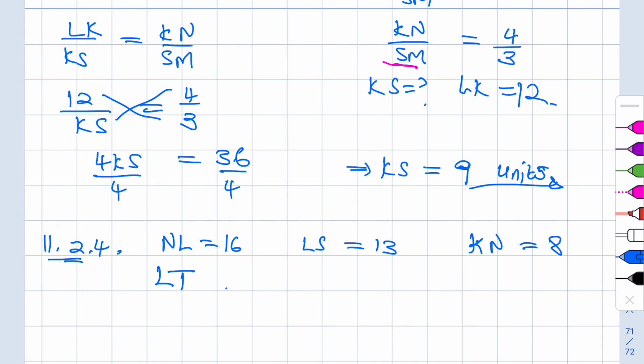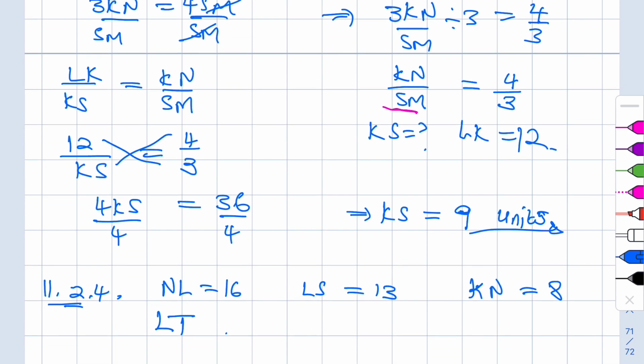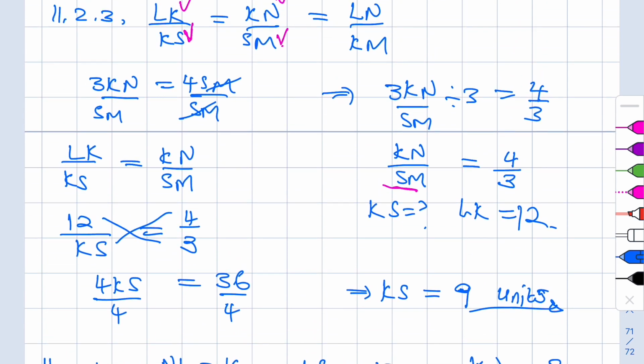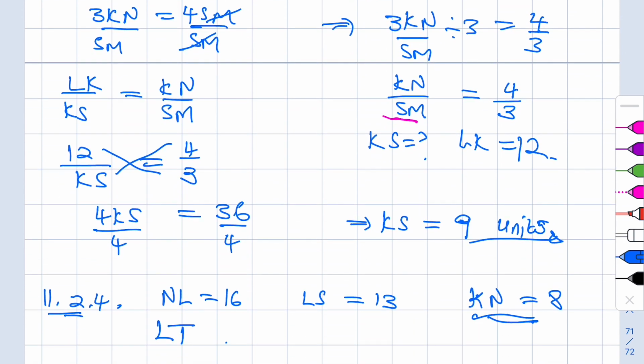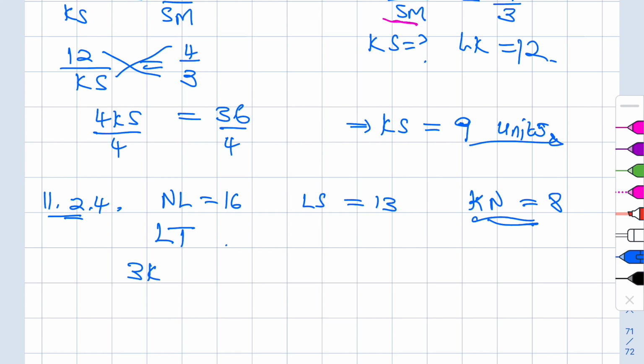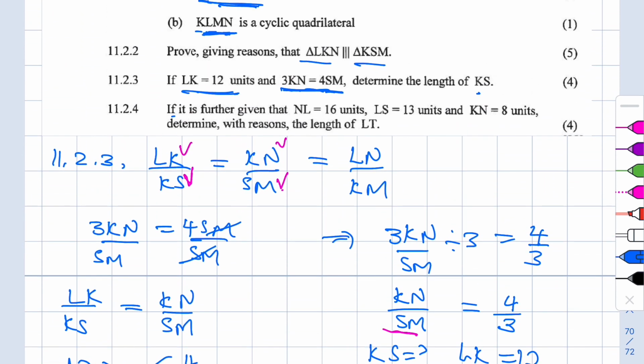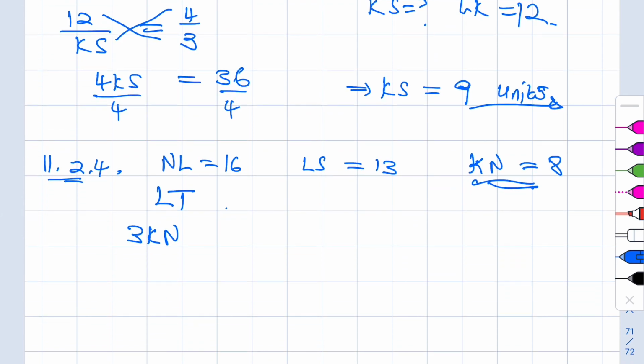Okay. So now, since we know that KN is equal to 8 units, which is given, we can use this equation from 11.2.3, which says 3KN is equal to 4SM.